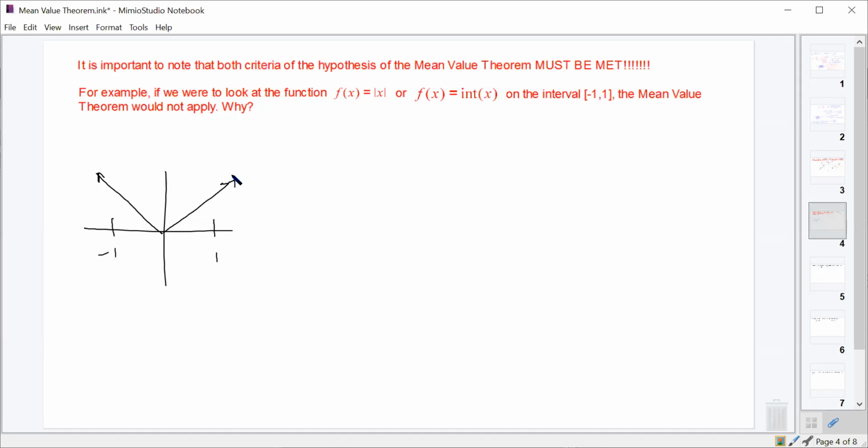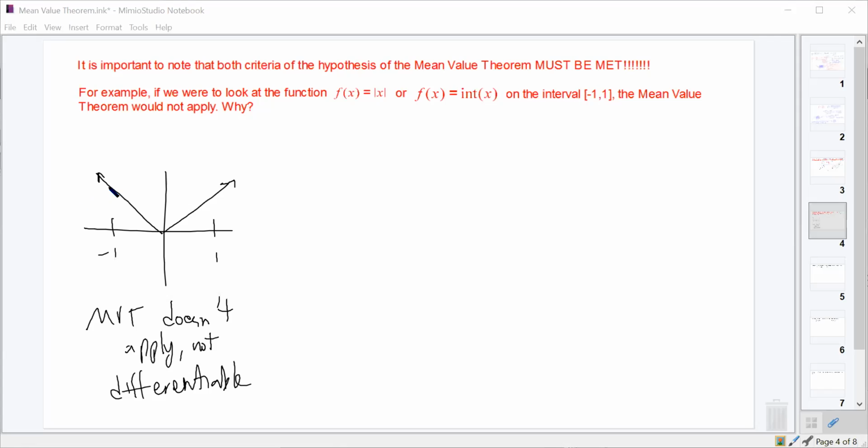So the mean value theorem doesn't apply, right? MVT doesn't apply because it is not differentiable. Okay. And we would note that if we chose the points between -1 and 1, what's the slope of the line? Oh, that was really poorly drawn. What's the slope of the line between -1, 1, and 1, 1?